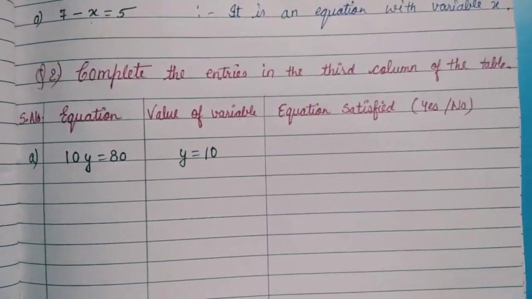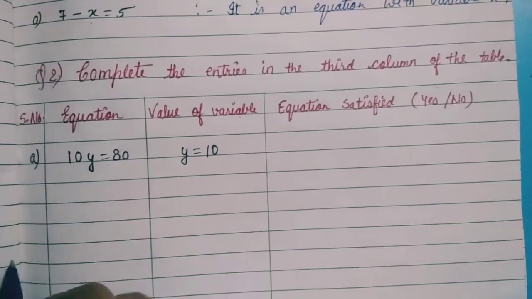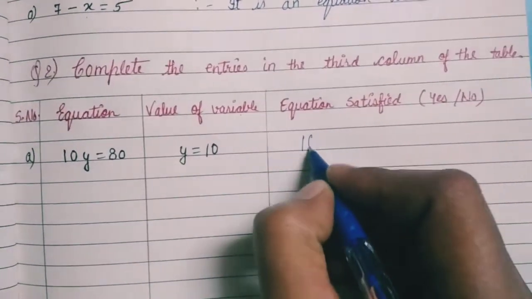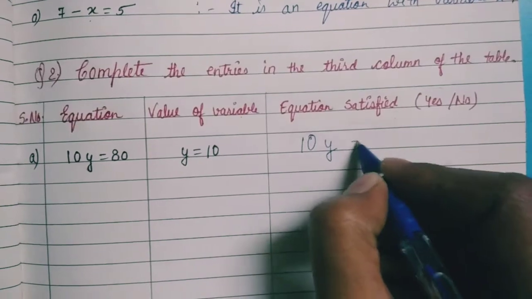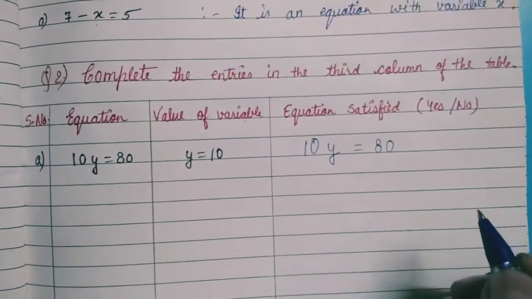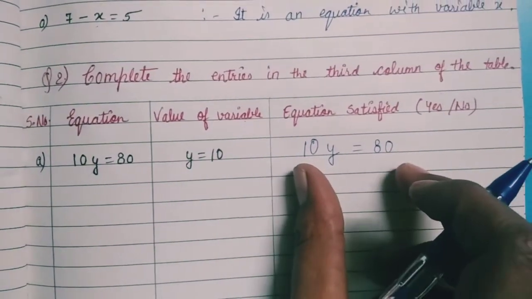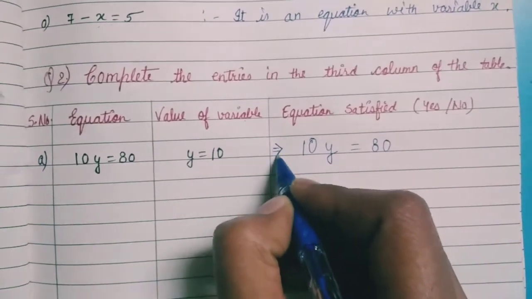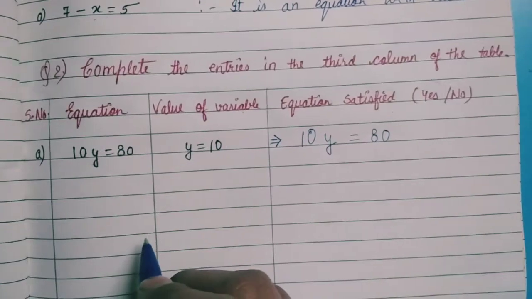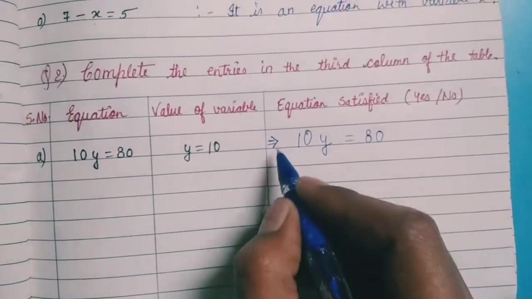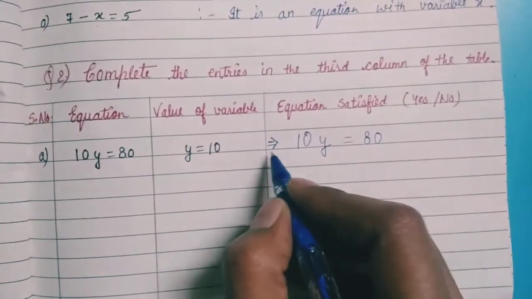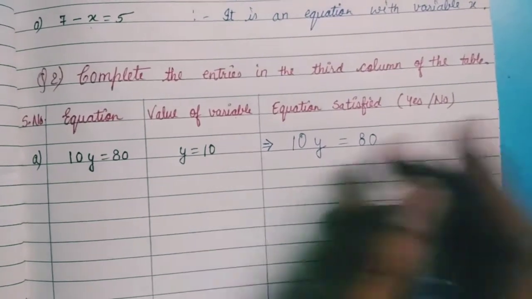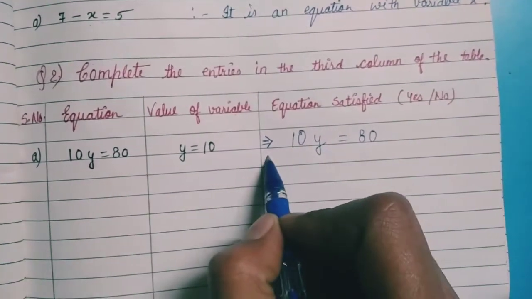Now firstly, you can simply see what is the equation. Equation is 10y is equal to 80. That's why here I will write the arrow-sided equal symbol. This symbol is showing that we are beginning the equation from here.